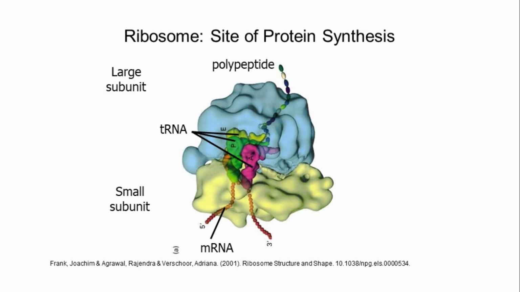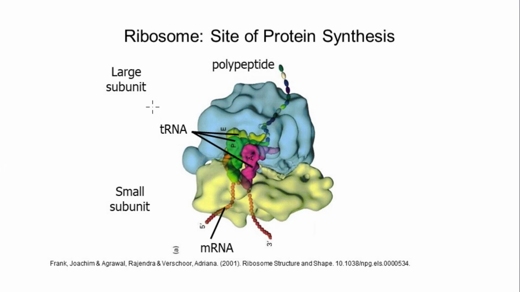Before we get into the details of the mechanism of how that protein gets built, I want to talk about two other important players in this process: the ribosome, which is the factory floor where protein synthesis takes place, and the tRNAs, which we can think of as the delivery trucks that deliver the correct amino acid at the correct time during synthesis of the protein.